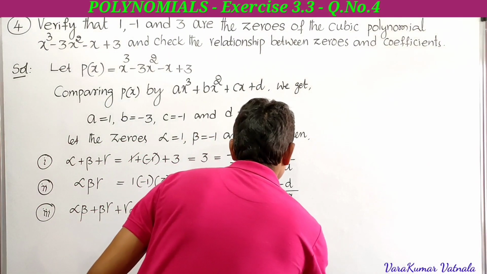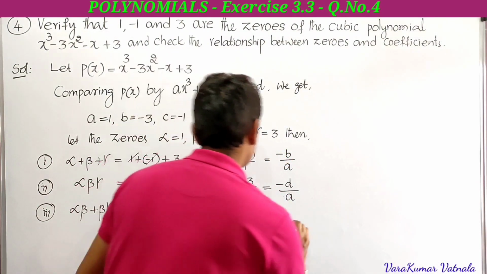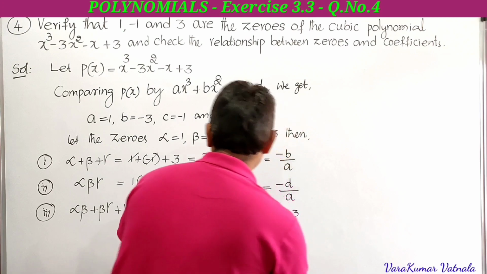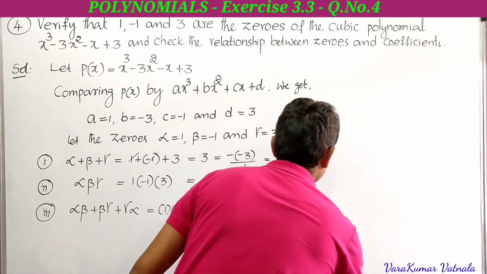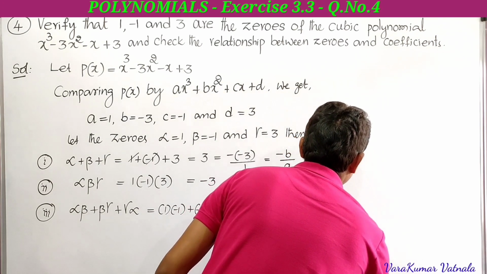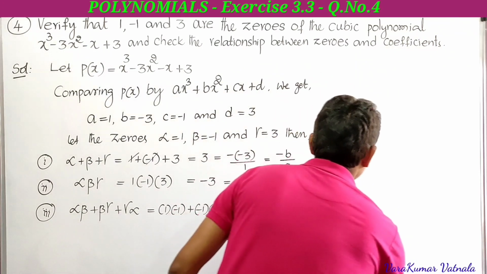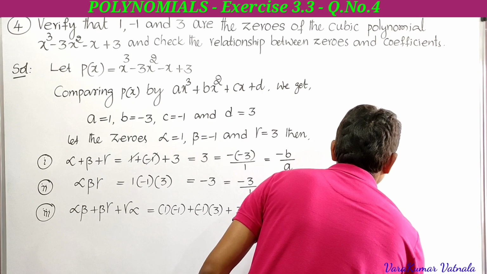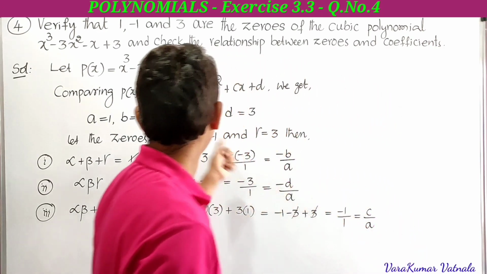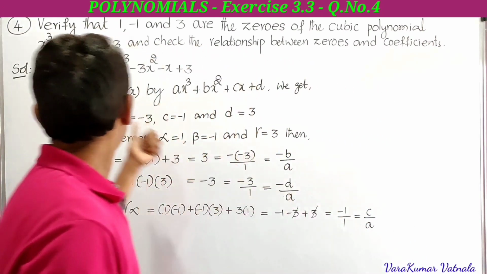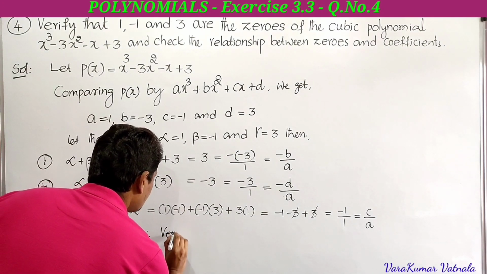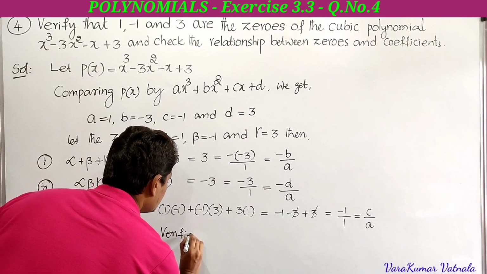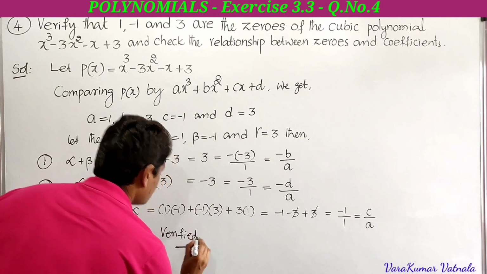So 1 into minus 1 is minus 1, minus 1 into 3 is minus 3, 3 into 1 is plus 3. So here minus 3 plus 3 cancelled, we have minus 1 divided by 1. So it is c by a. So see here c value is minus 1, a value is 1. So therefore we have verified the relationship between the zeros and the coefficients.